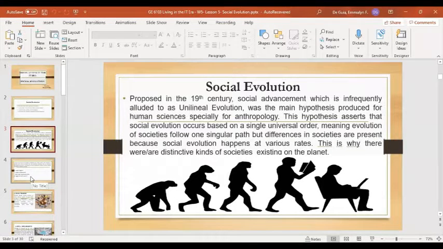Evolution of societies follows one singular path, but differences in societies are present because social evolution happens at various rates. This is why there are distinctive kinds of societies existing on the planet. Although the tracing of descent is one line only or a common track, it differs in generation.